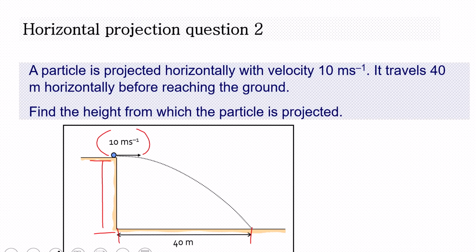So let's summarize this equation for x and y. So we know Sx is equal to 40 meters. That is the distance traveled in x from here up to there. Then u in the x direction is 10 meters per second.